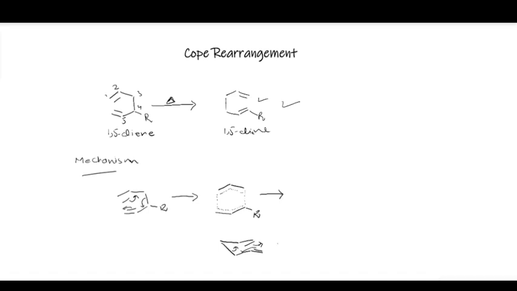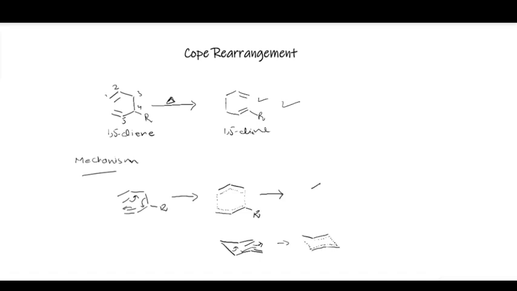So the transition state would look like this. Like this. And then finally it collapses into the products.